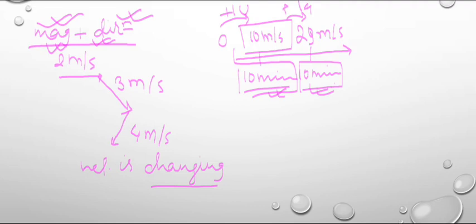We can define it as if the object is changing its magnitude with a non-uniform rate, that is, it might increase in magnitude or the magnitude of the object may decrease. It may increase, it may decrease, but it is not increasing or decreasing at a uniform rate. Okay? Then the velocity is said to be non-uniform velocity.